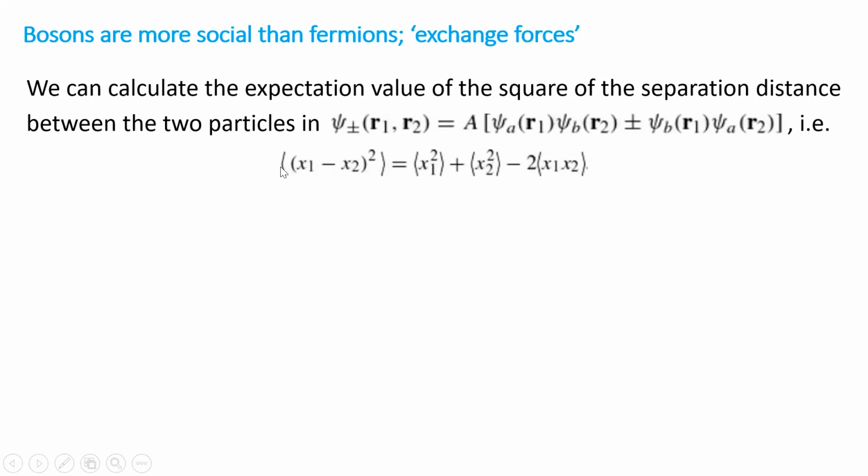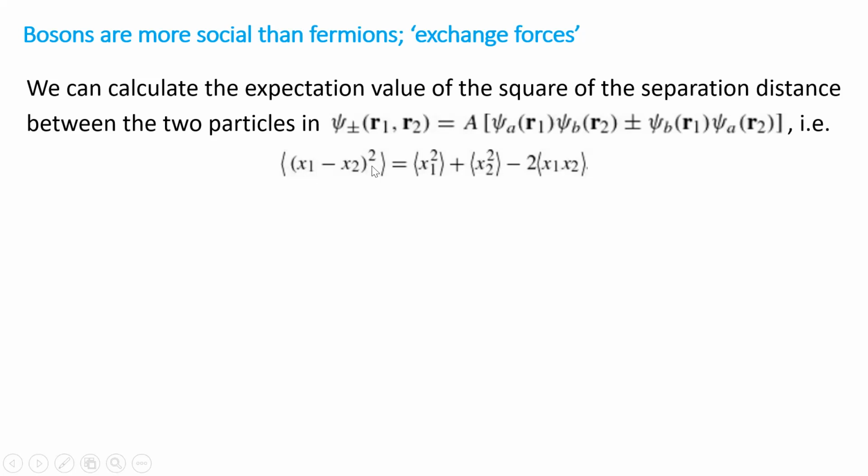It would be the expectation value of (x1 minus x2) squared for the x coordinate, just to keep things straightforward. We could do the same thing for the y coordinate or the z coordinate. So the expectation value of the square of the separation distance, which if we multiply it out using FOIL becomes the expectation value of x1 squared plus x2 squared, minus 2 times the expectation value of x1 x2.